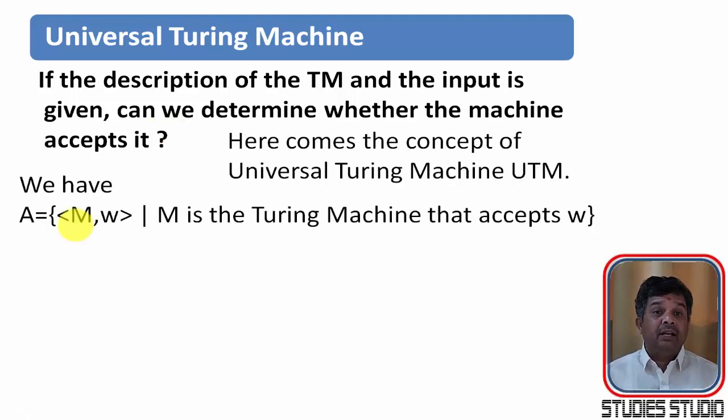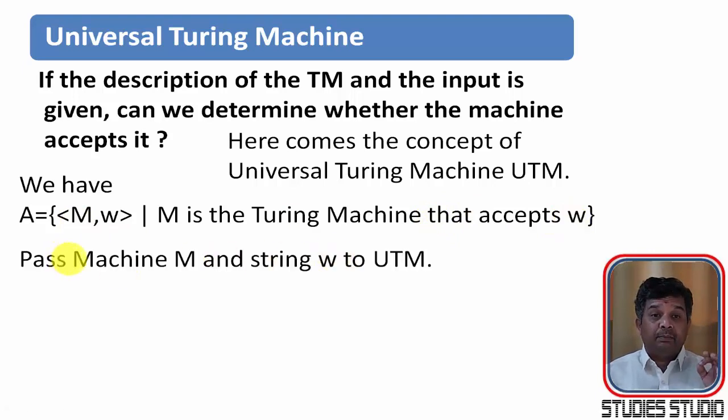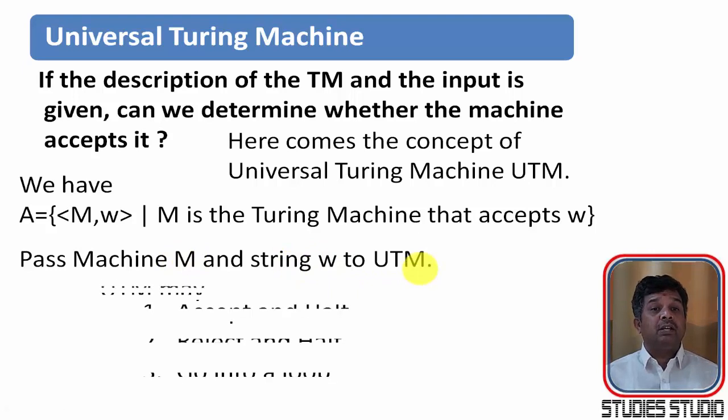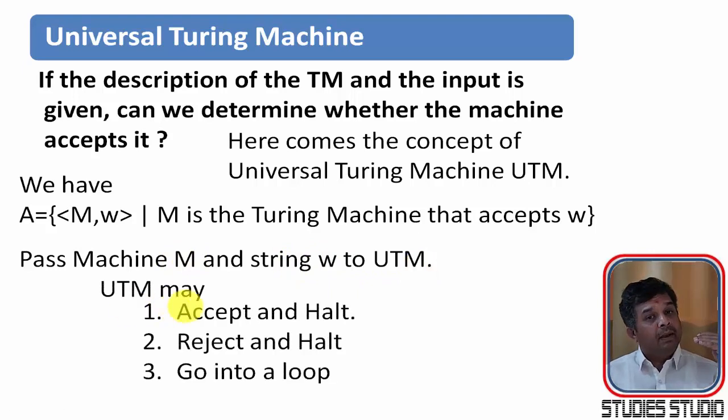Basically, we have a machine that accepts the string W. When we pass the machine and the string W to a universal Turing machine, the universal Turing machine may accept and halt, reject and halt, or it may go into a loop. Basically, we are passing the Turing machine into a universal Turing machine, and the universal Turing machine will behave the way machine M behaves.